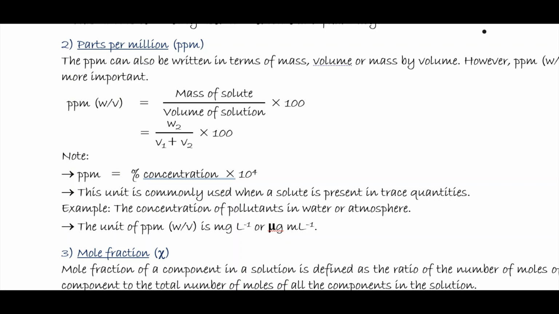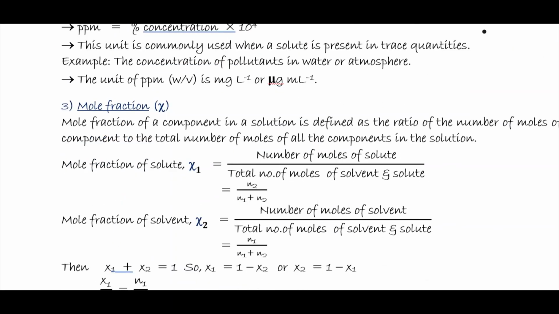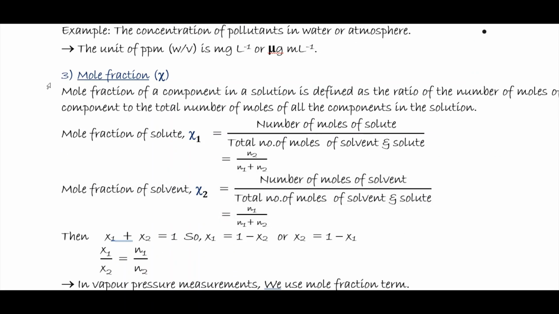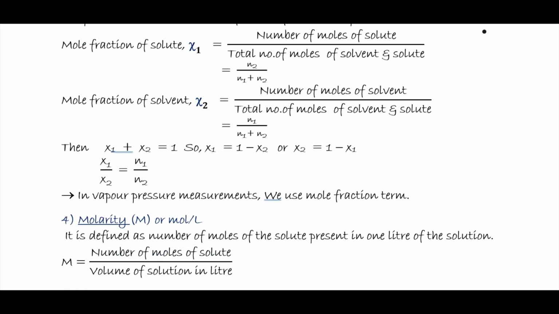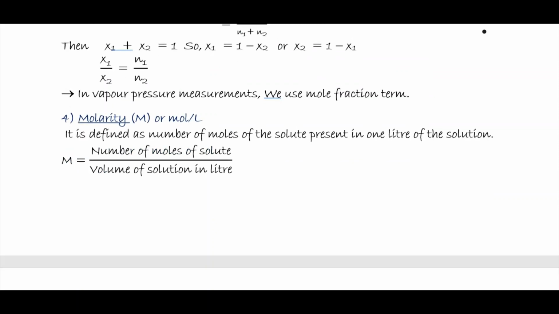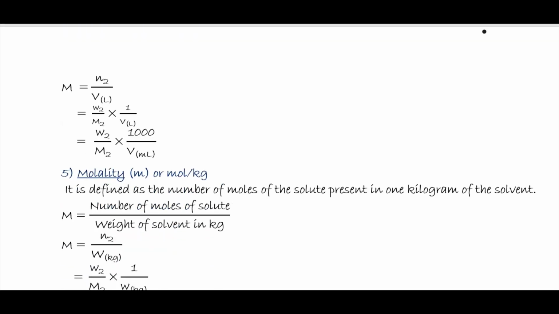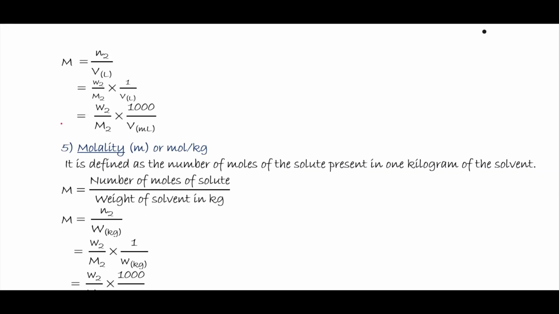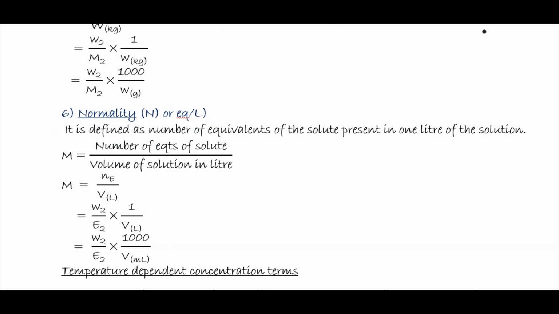The second concentration term is parts per million. Third one, mole fraction. Fourth concentration term, molarity. Fifth concentration term, molality. Sixth one, normality.